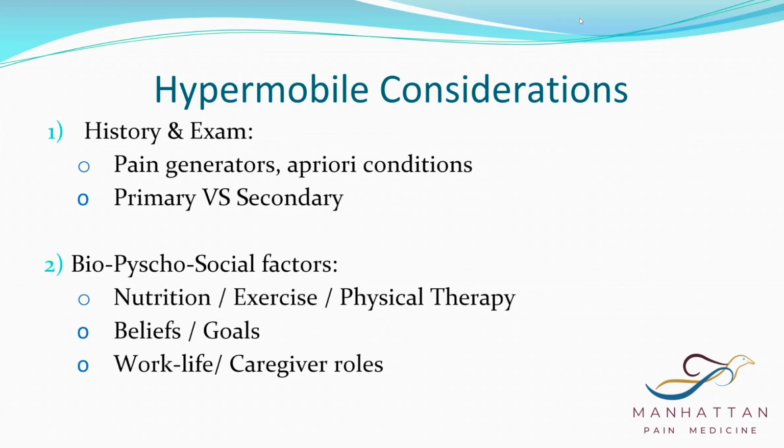So we talk about those and make sure that our patients are incorporating what they've learned in physical therapy, and identify areas where they may have difficulties and cause repetitive injuries.